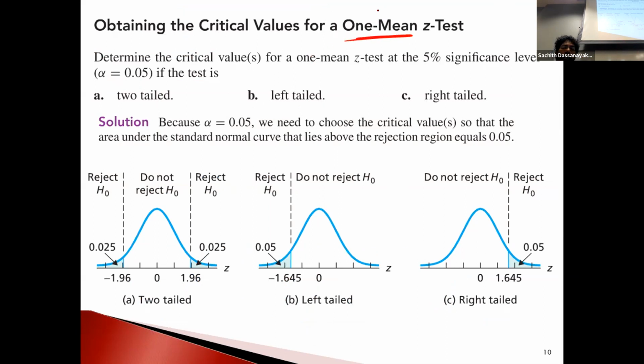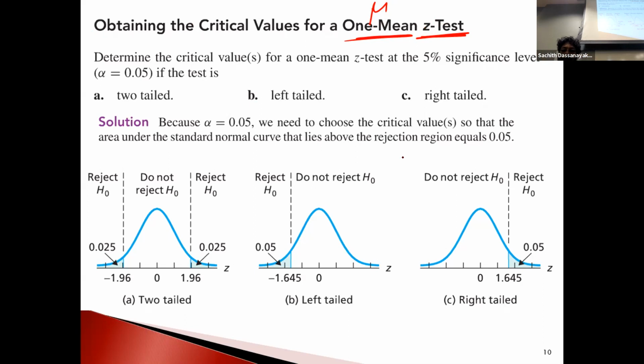What is that one mean? Mu. C test, because we are dealing with the C table. That's why we call it one mean T test. One mean means mu, the population mean. C test means the table we are using to perform this hypothesis testing. So that's why we call them critical values for one mean test. It's not something else, it is just this one.